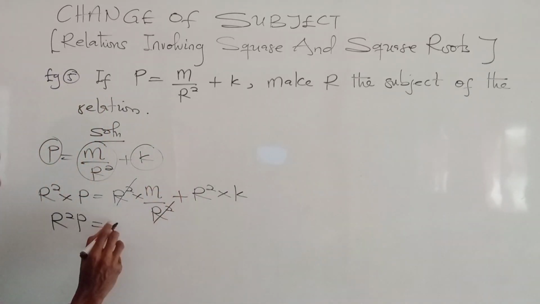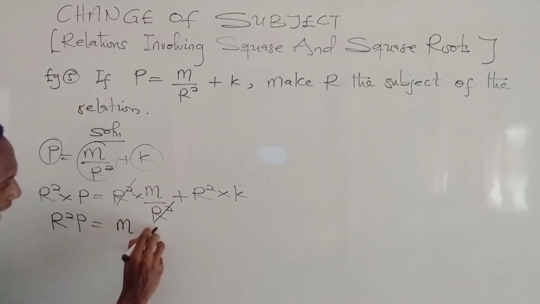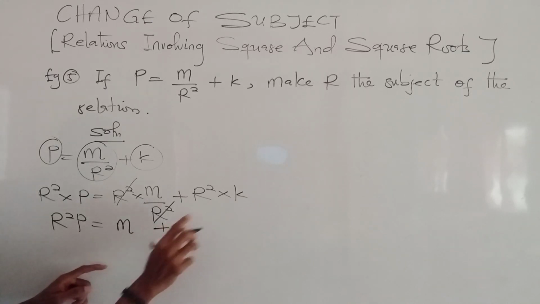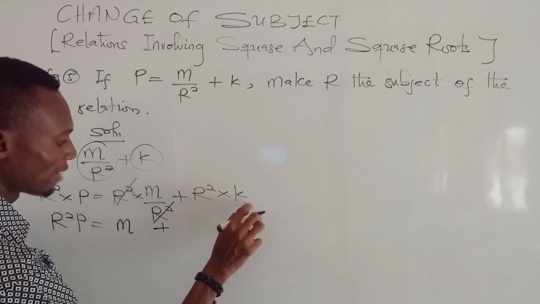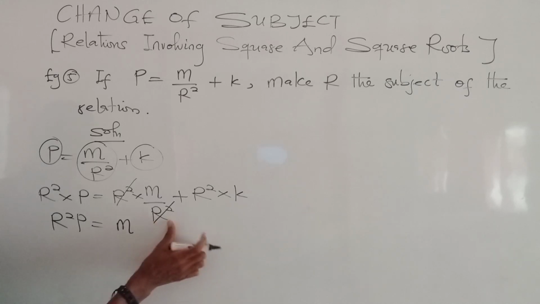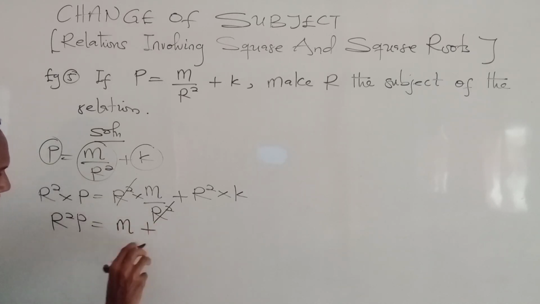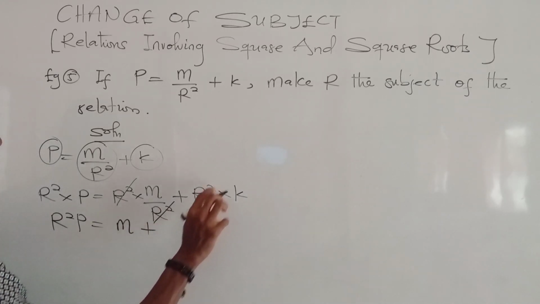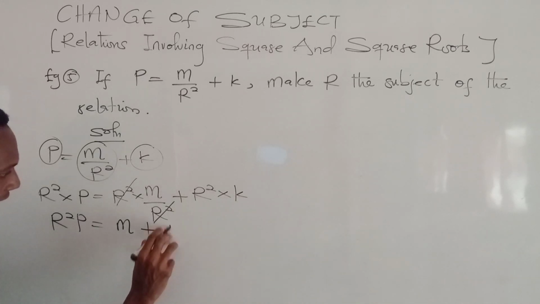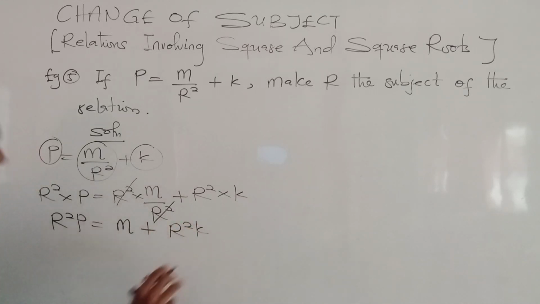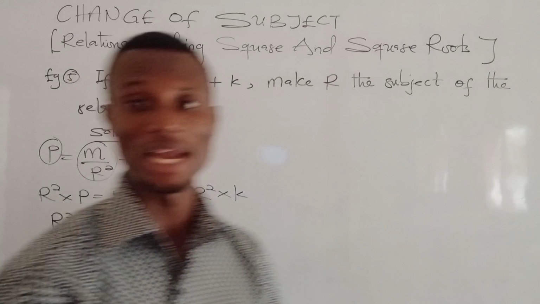So we have m left here. So m, then plus. Now, what we have here is r squared times k. They are multiplying. Okay, so let me write my addition sign. So r squared times k gives r squared k. Okay, and I hope you agree with me up to this point.